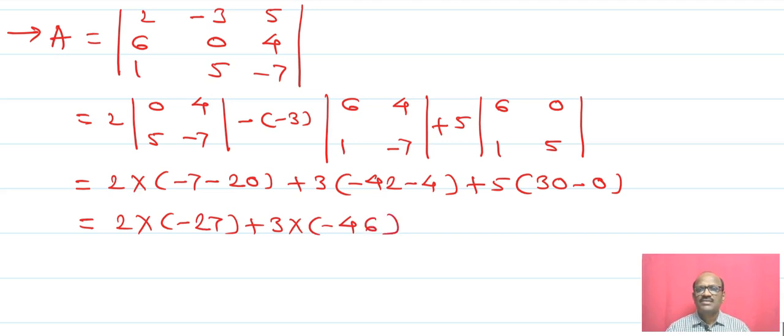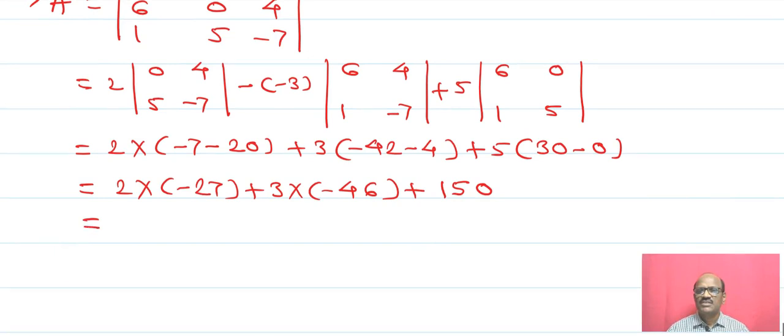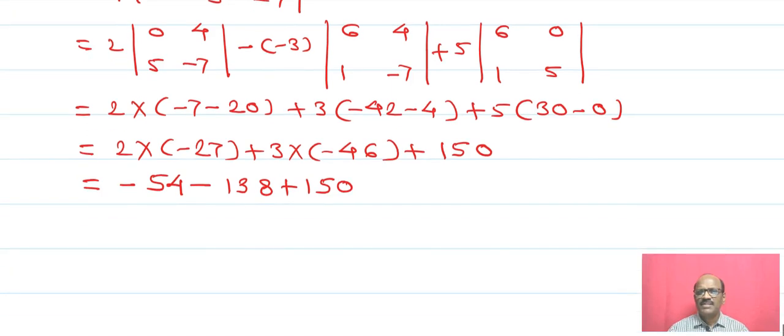Now see this. That is 3 into minus 46 plus 150. There is one mistake, that is 7 into 0, that is 0, so minus 54 minus 138 plus 150.